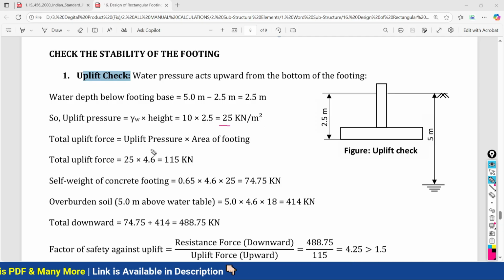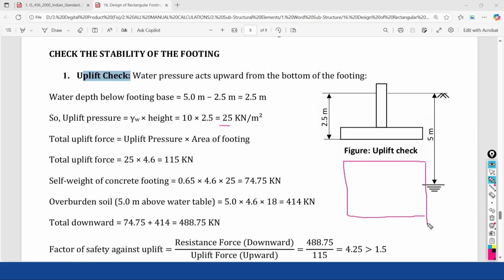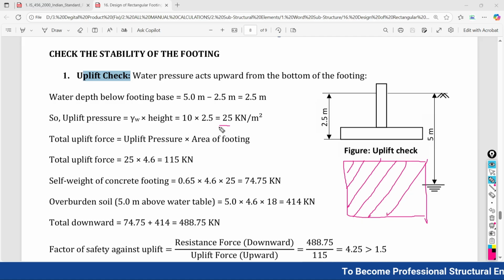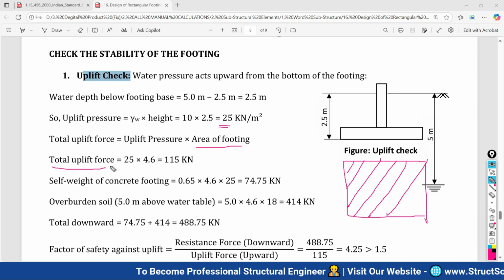Total uplift force. So this uplift pressure, where is it going to act? It is going to act over the whole area of your footing. So we have to multiply this upward water pressure over the area of the footing, and we get the total uplift force.